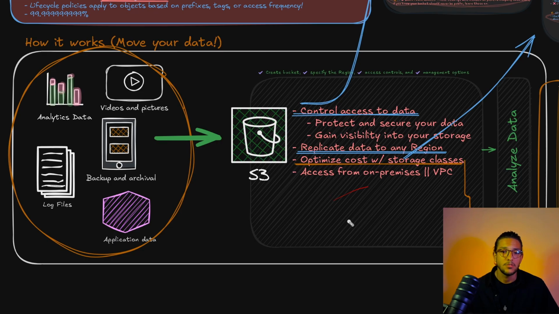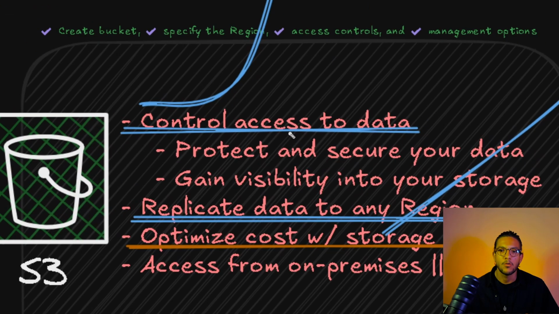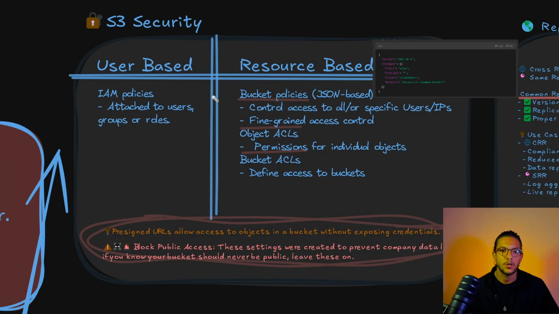I'll dive deeper into 3 fundamentals here. First, control access to data. Second, data replication. Third, cost optimization. When talking about control access, we need to cover both the user-based and resource-based approaches, and also mention some critical concepts.